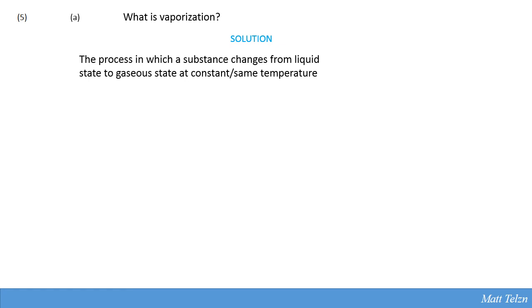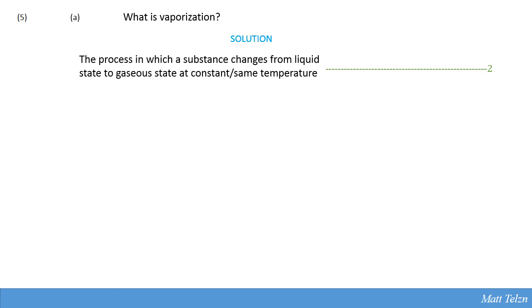You see, the key thing here is constant or same temperature. If you define it as a process in which a substance changes from liquid state to gaseous state and stop there, you are wrong. It must be either at constant temperature or at the same temperature, and the mark allocated to it is 2. So if you do not indicate constant temperature or same temperature, you are wrong. Nobody will give you 1. It is 0.